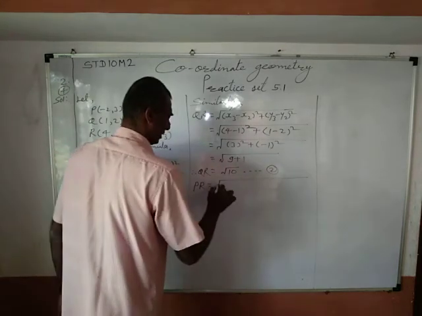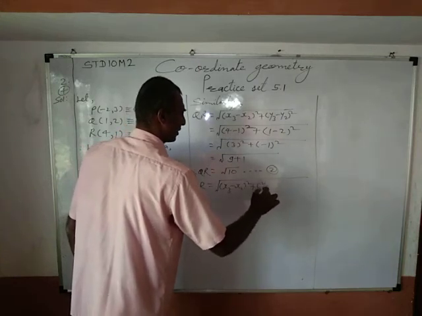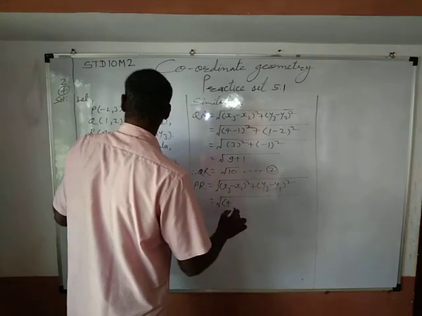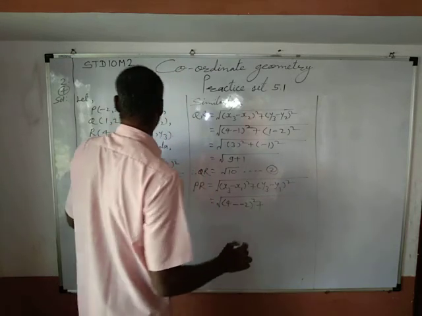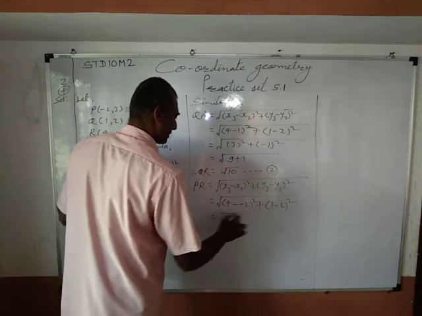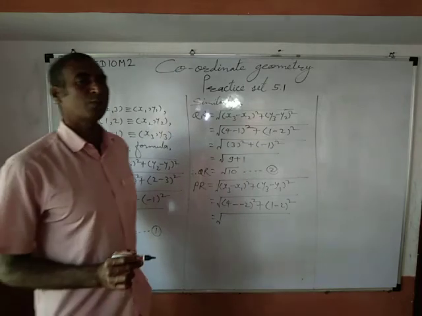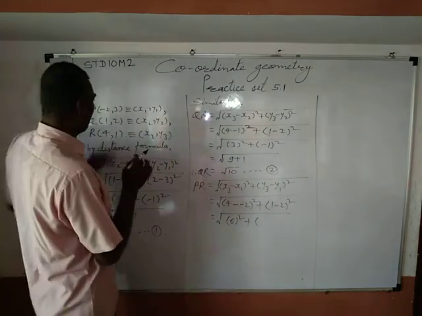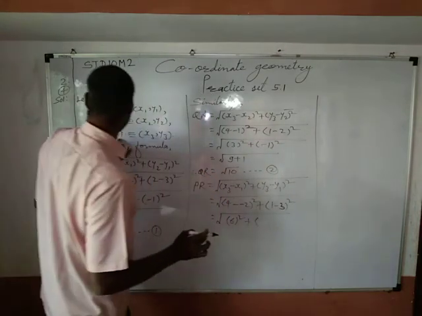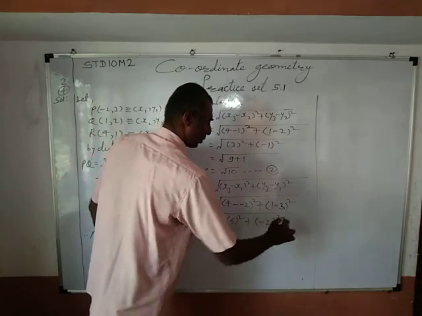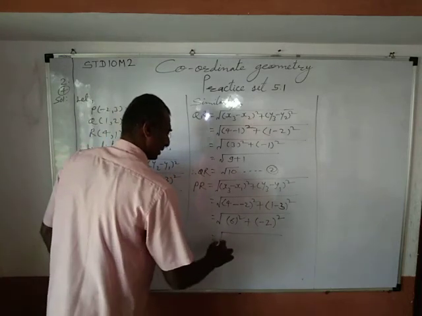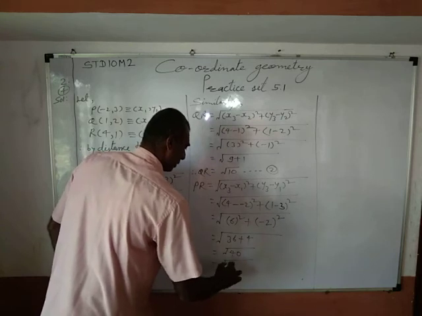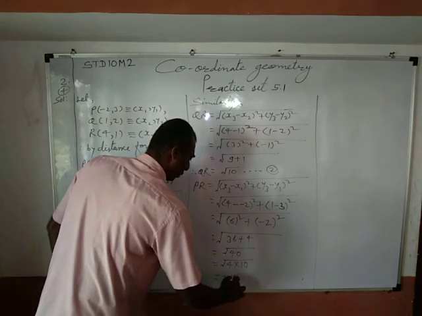PR equals under root (x3 minus x1) square plus (y3 minus y1) square, equals under root (4 minus minus 2) square plus (1 minus 3) square. 4 minus minus 2 means 4 plus 2, which is 6, square, plus 1 minus 3 is minus 2, its square, equals root of 36 plus 4 equals root of 40, and root of 40 means root of 4 into 10 equals 2 root 10.